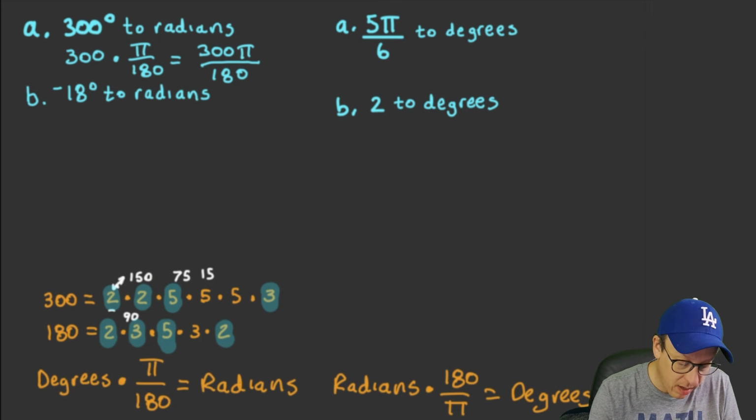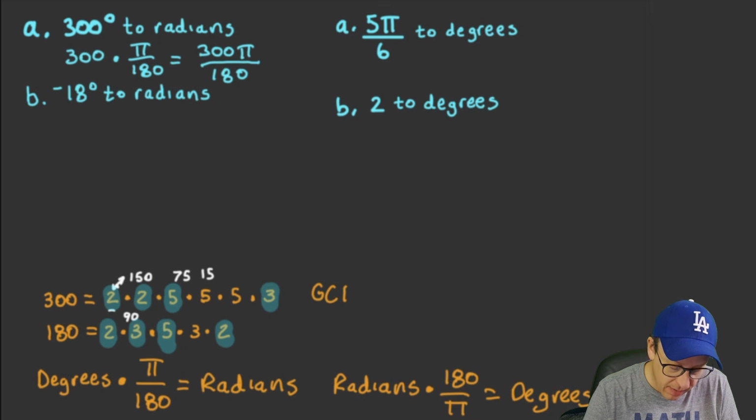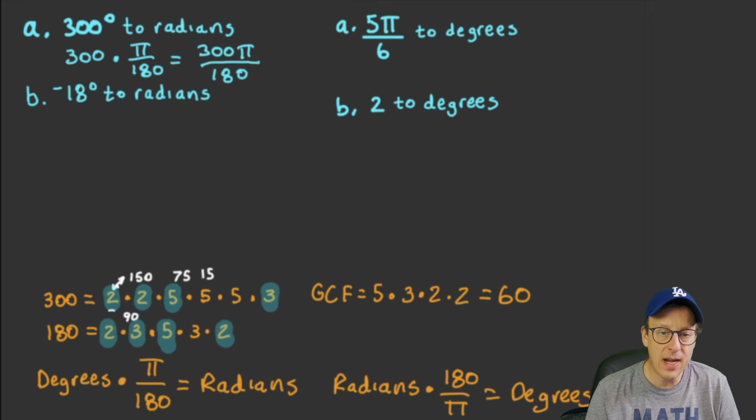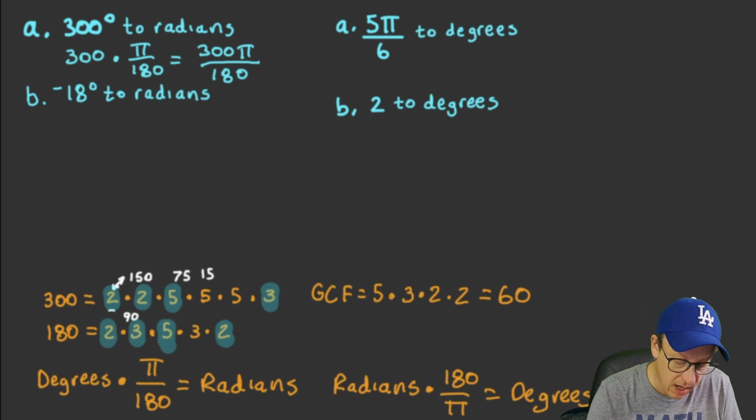So altogether, the greatest common factor is, take all the values that are in common: 5 times 3 times 2 times 2, which is equal to 60. Now that we know that, we can divide 300 by 60 and 180 by 60. That means we will end up getting 5 pi over 3.